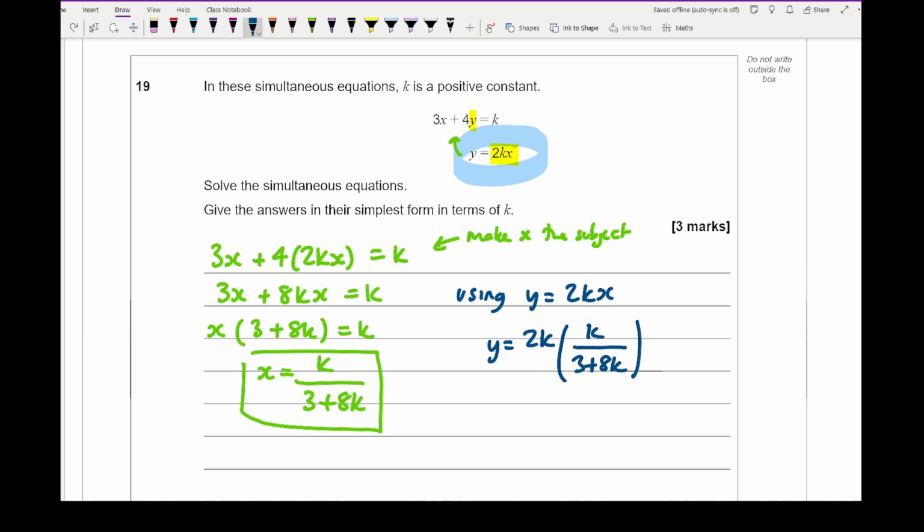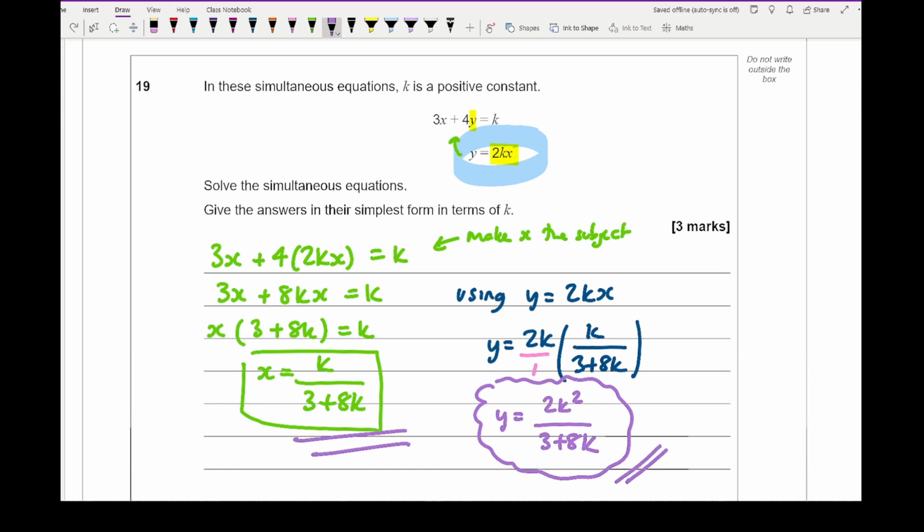You might be thinking, how on earth do I multiply this? Well, if I turn the 2k into a fraction, all I've got to do is multiply the tops, so that's going to be 2k squared over 3 plus 8k. Does anything simplify? No, it doesn't. So that is my value of y. My answer for x is this, and my answer for y is that.